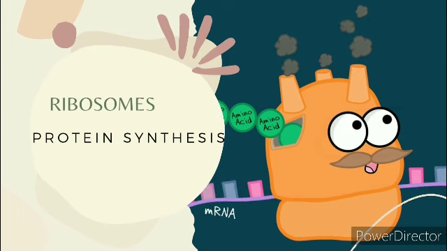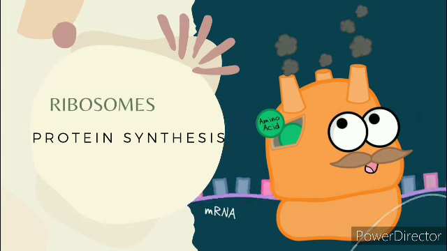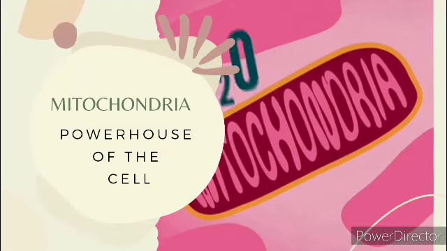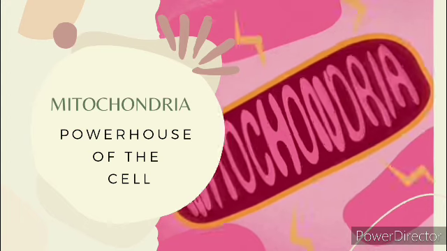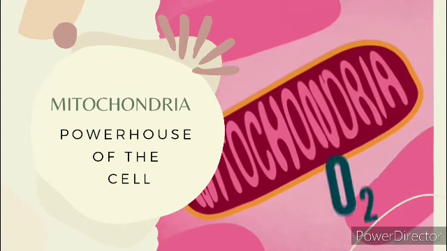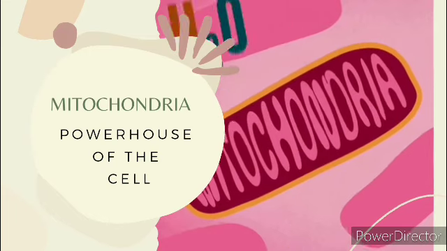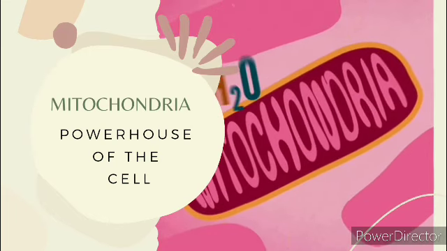Ribosomes are for synthesizing proteins, and they also decode the message in the formation of peptide bonds. Mitochondria is an important cofactor of many enzymes, for ATP production, and for the cellular respiration process.